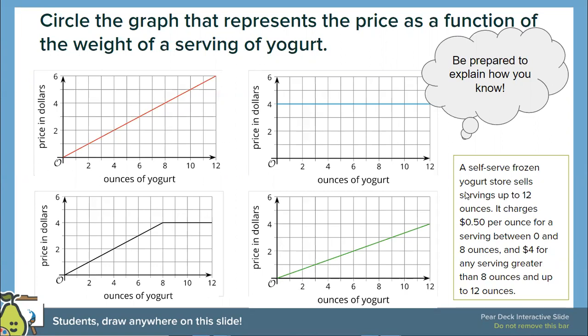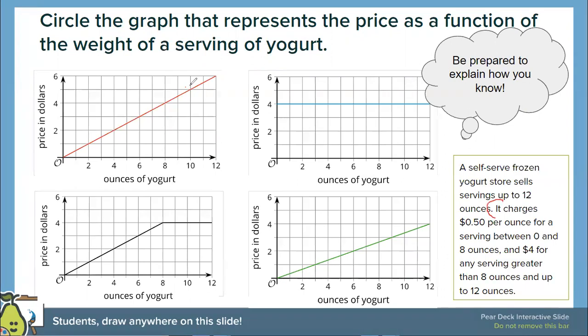Now we can tell that this is a piecewise function because it breaks into two parts, and that's what a piecewise function is about: there's an individual piece and then another individual piece, and then maybe even another individual piece. In this case, it starts by saying yogurt stores sell up to 12 ounces, so we're going to have a total of 12 ounces, and it charges 50 cents per ounce for a serving between 0 and 8.